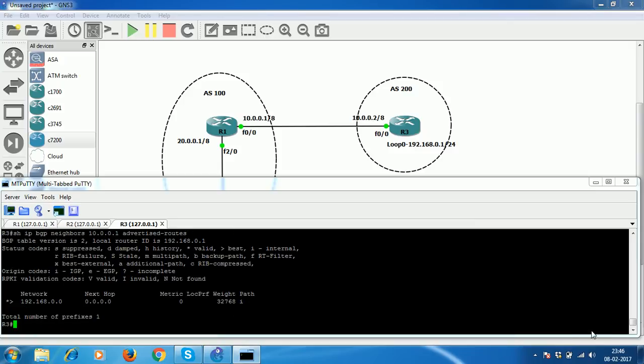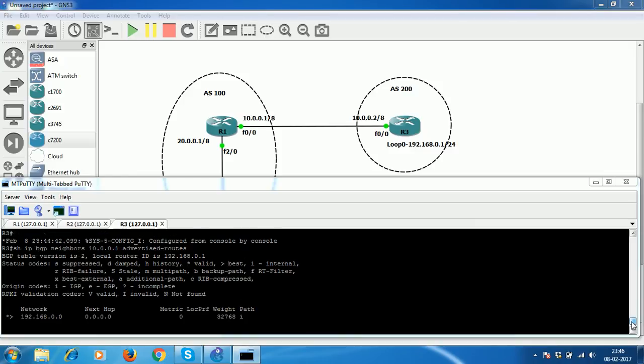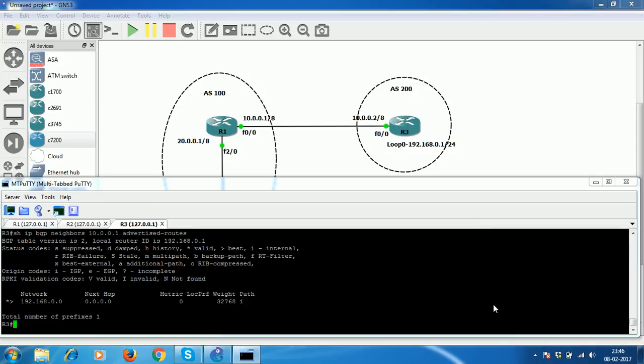Now for that command I'm getting some output. Show IP BGP neighbor, the particular peer IP, and advertised routes. So it is advertising 192.168.0.0. And here you can see something called next hop. This is something you need to learn in BGP.